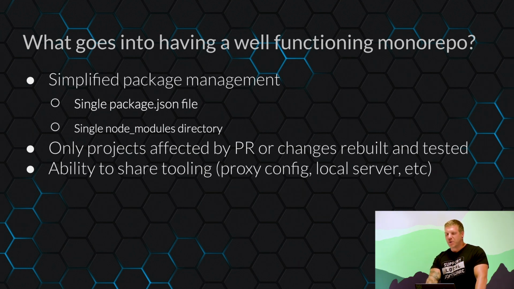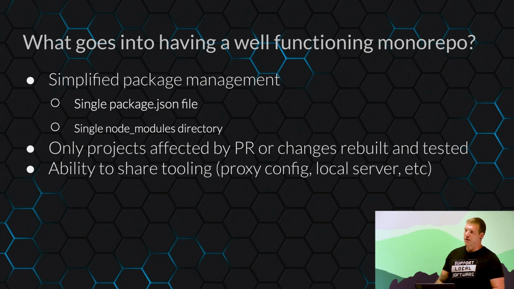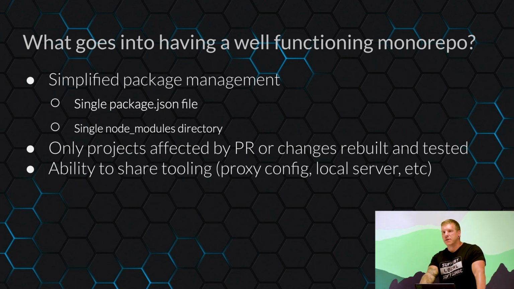It should be configured in a way that only projects affected by a PR or changes are rebuilt and tested. This is huge. I can speak from real world experience that when we got into the Mono Repo and a lot of things were still being worked out and configured and understood about the entire extent of the process, we had pipelines that would run forever.